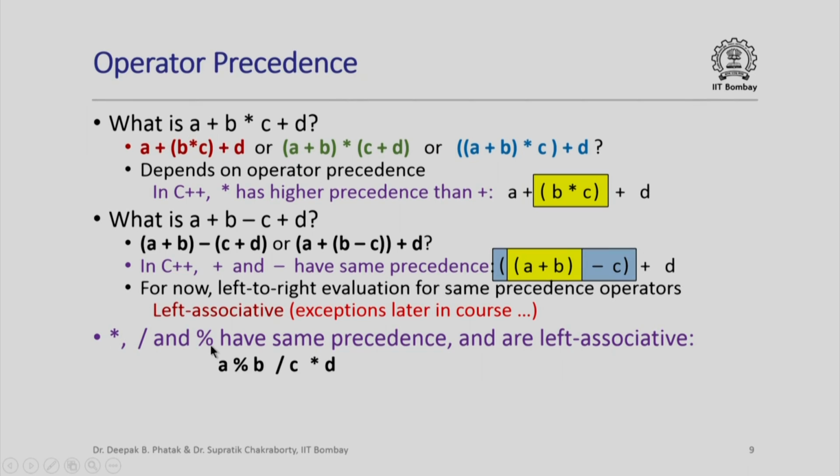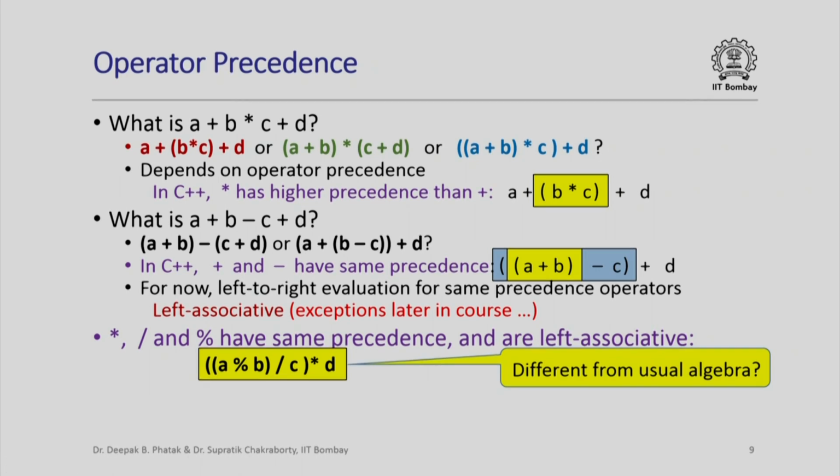These three operators are also left associative. So for example, if I write an expression like this, what we really mean is that all the three operators have the same precedence, they are left associative. So first evaluate a % b, then divide by c, and finally multiply by d. So this might appear to be different from the usual laws of algebra that you follow, but this is how expressions are interpreted in C++.